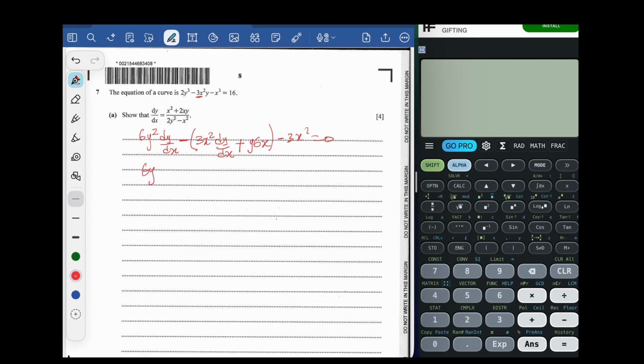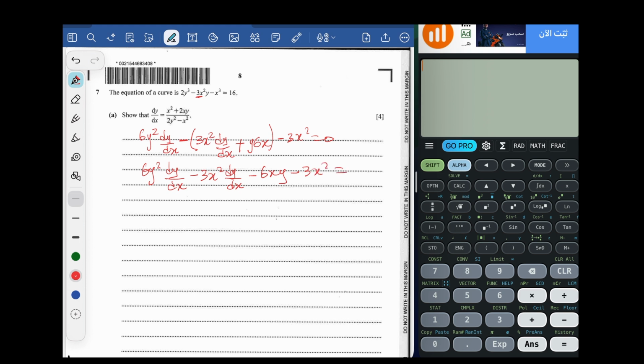So this will be 6y squared dy/dx minus 3x squared dy/dx minus 6xy minus 3x squared equal to... I just move this to the other side. So dy/dx times 6y squared minus 3x squared is equal to 3x squared plus 6xy.